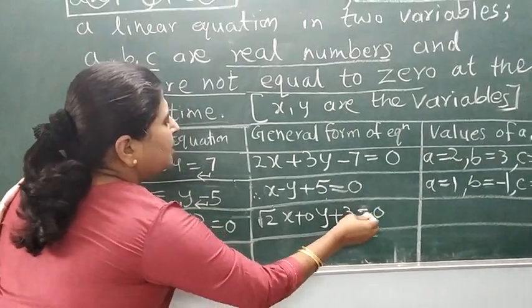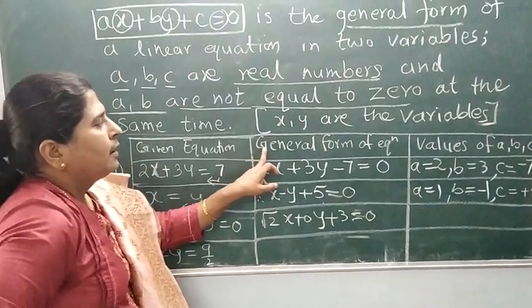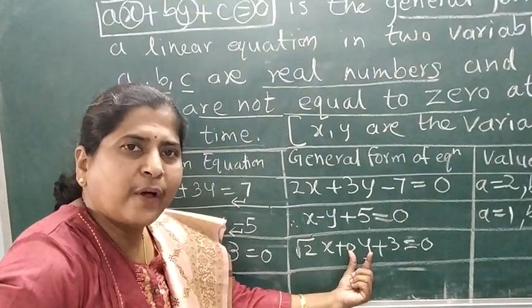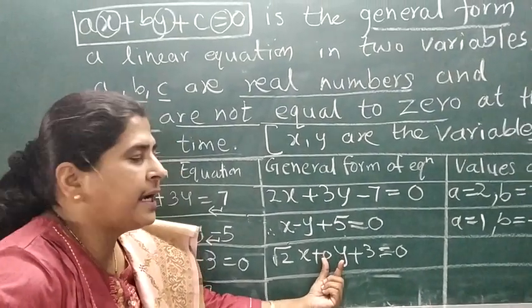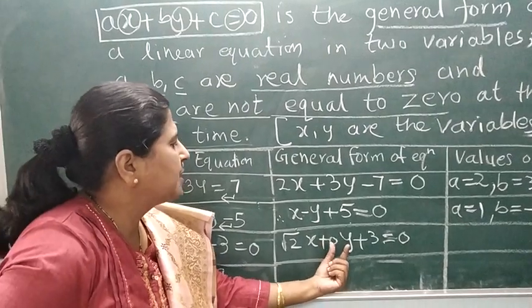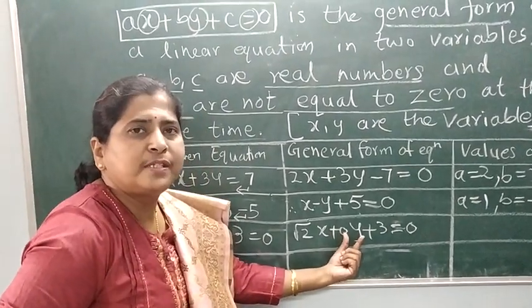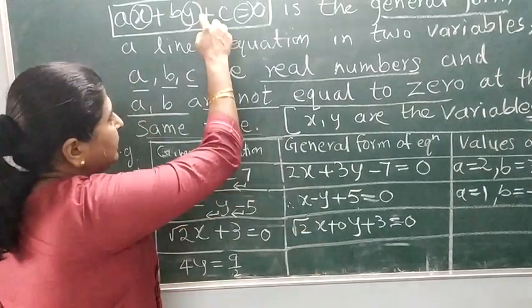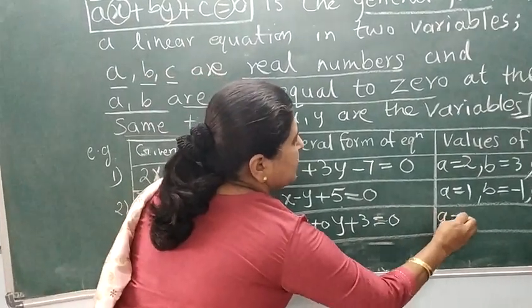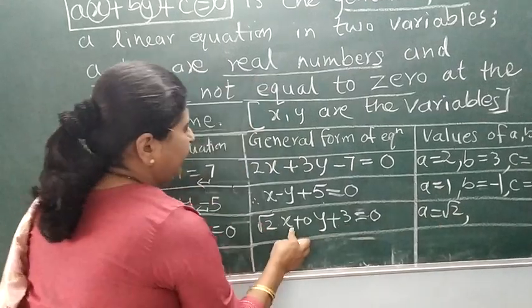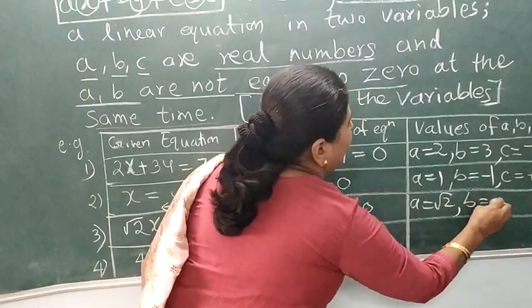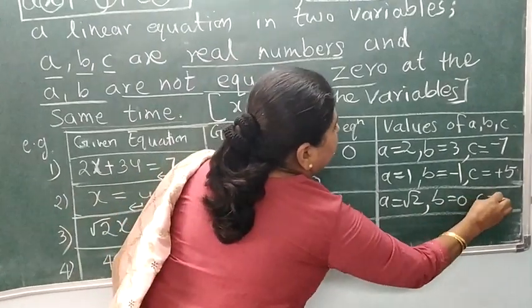Now, just for writing this in the general form, we have added this 0y term. Its value is 0, so we are not adding any additional term, but we are just writing it with the help of a 0 coefficient, which equals 0. Now, if we compare with the general form, a is square root of 2, which is the coefficient of x, the coefficient of y, that is b, is equal to 0, and c is equal to 3.